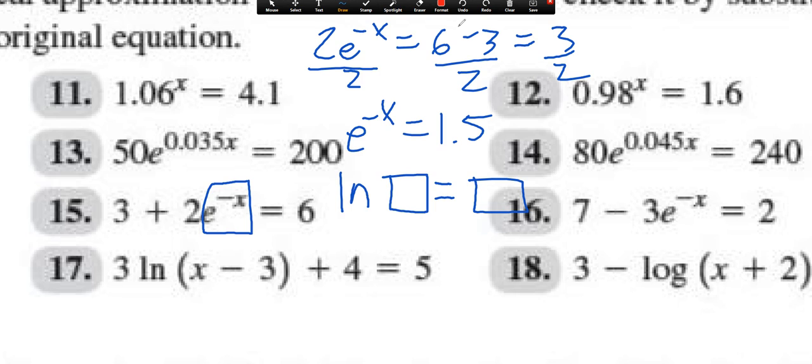All right, so natural log of 1.5 equals what? Equals negative x, right? The exponent is negative x. Now you've got to solve it using the handy dandy machine.